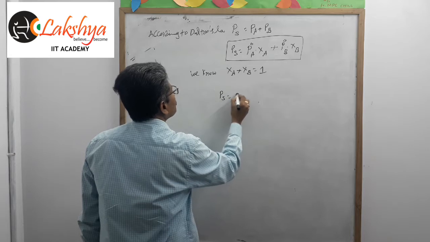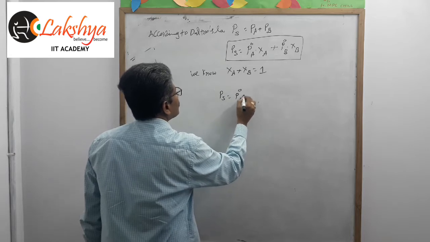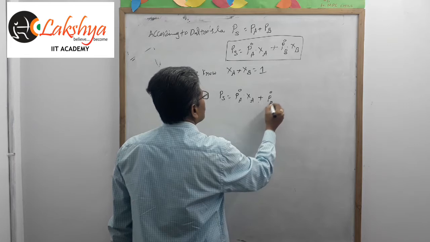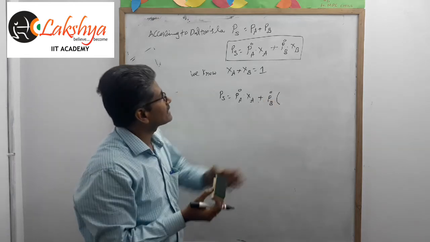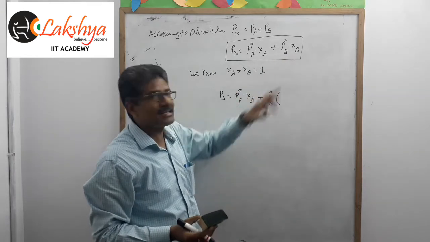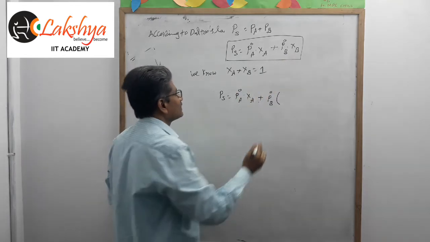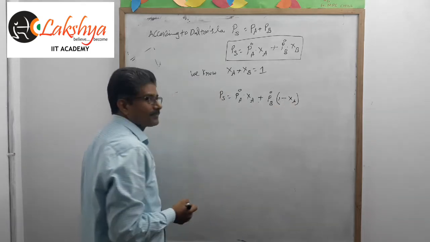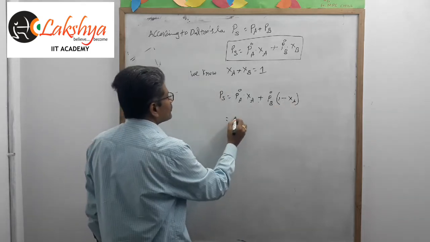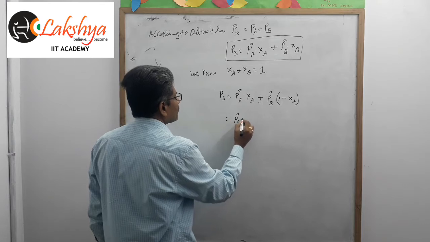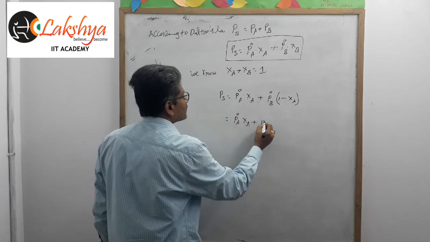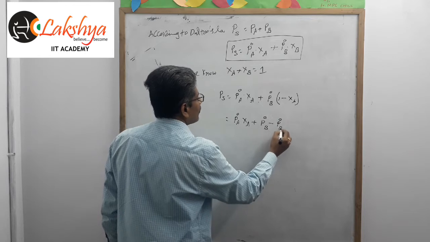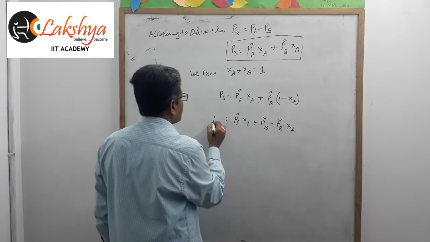PS is equal to P naught A into XA plus P naught B into XB, and we can write XB as 1 minus XA. Therefore, PS is equal to P naught A into XA plus P naught B minus P naught B into XA.